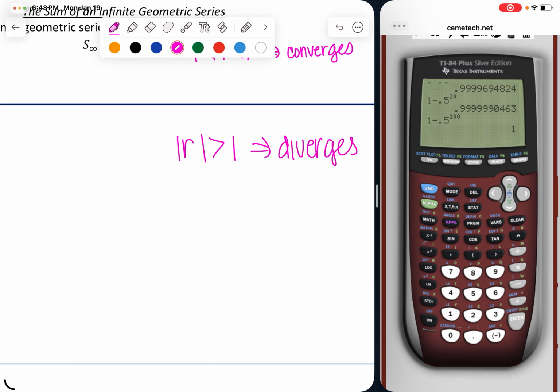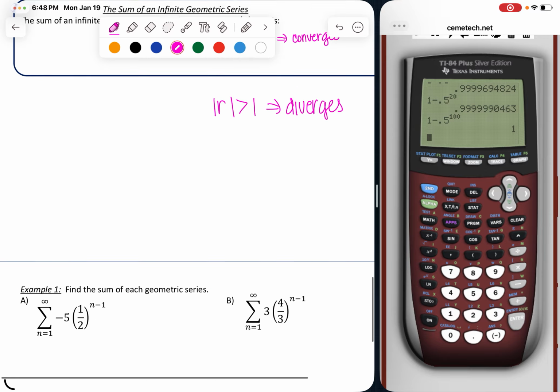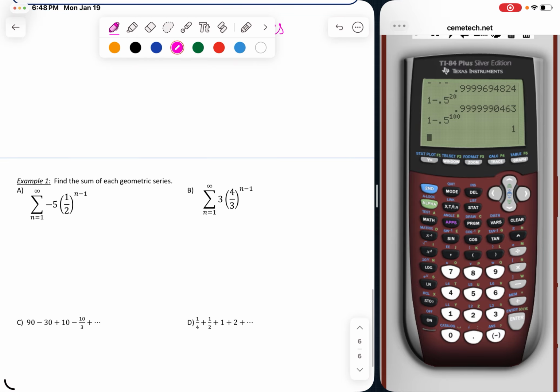So think about if it's like times 3. If you keep multiplying by 3, multiplying by 3, forever and ever, the number is just going to get bigger and bigger. And if you keep adding it to a sum, that just keeps getting bigger and bigger. So it's actually going to sum to infinity, which is not an actual number. And same thing if it was approaching negative infinity, it'd sum to negative infinity.